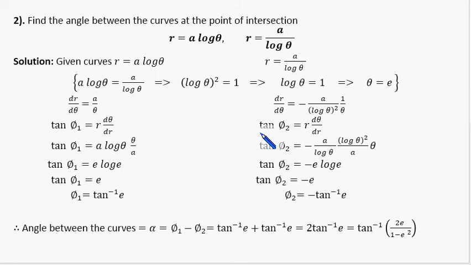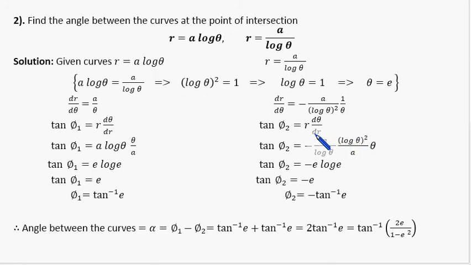So tan phi2 is equal to r into d theta by dr, that is minus a divided by log theta into log theta whole square divided by a into theta.